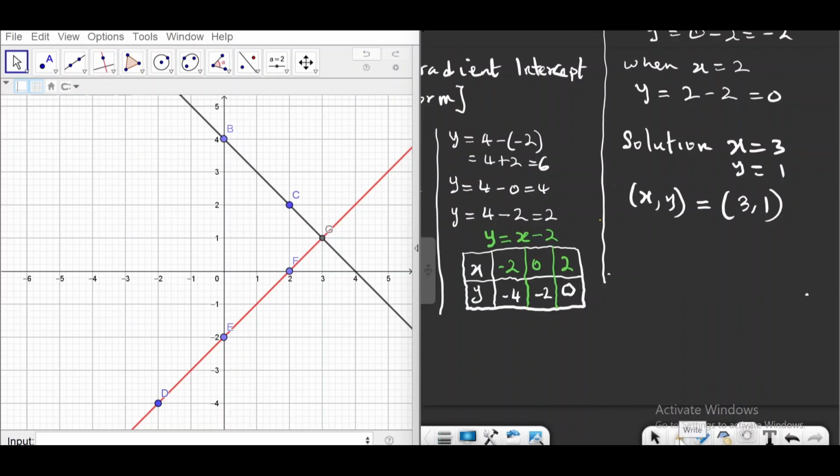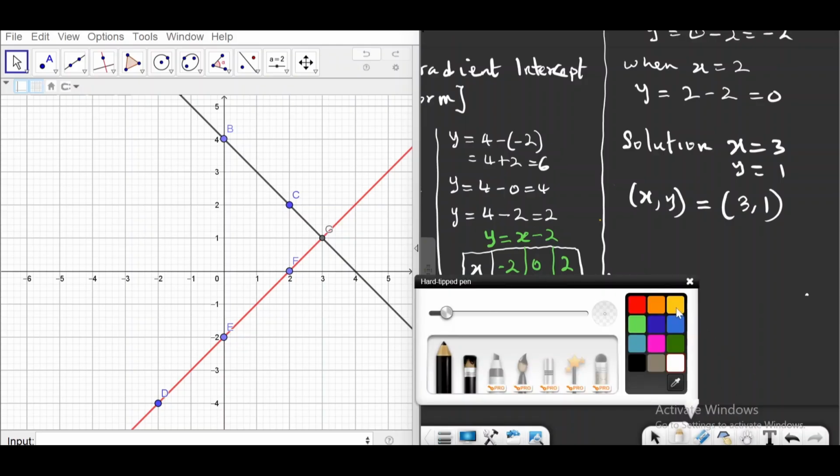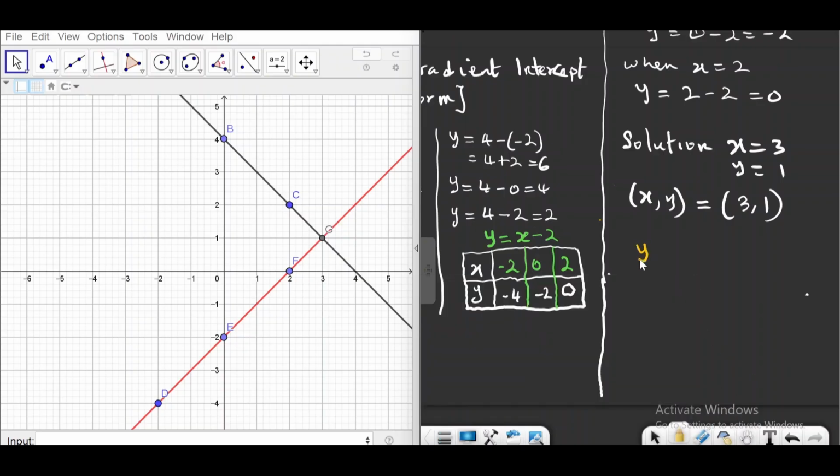We can go back to verify this. If we look at the first equation, y equals 4 minus x, if y is 1 and x is 3, 4 minus 3 is 1. This is true.